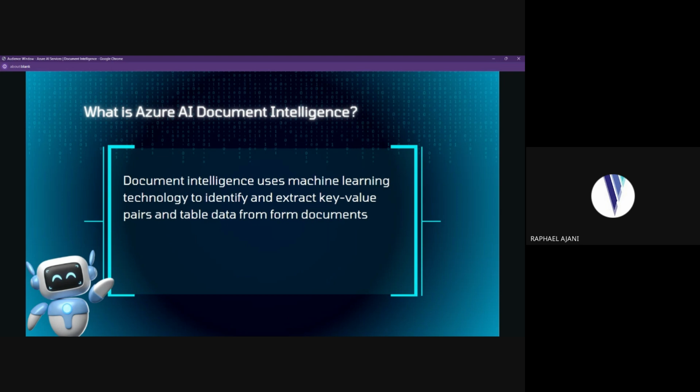You are just taking a photograph, but the OCR technology has been built into that application so that it will extract your name, your surname, your date of birth, everything that is needed from that physical document, and it will pick it up from the image and transmit it, right? So that is a use case of Document Intelligence.